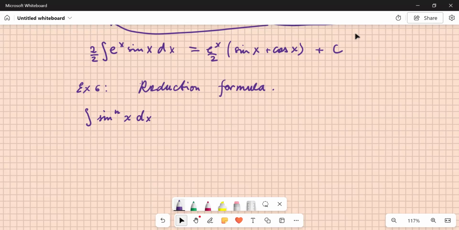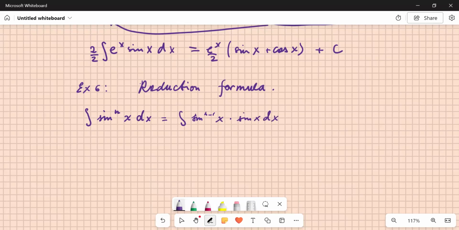Well, guys, here we don't have a product of two functions, but we have so many sines combined over here that we can always separate one or two, right? And what I'm going to do is separate one sine over here. I'm going to have sine to the power n minus 1 of x, and sine of x dx.